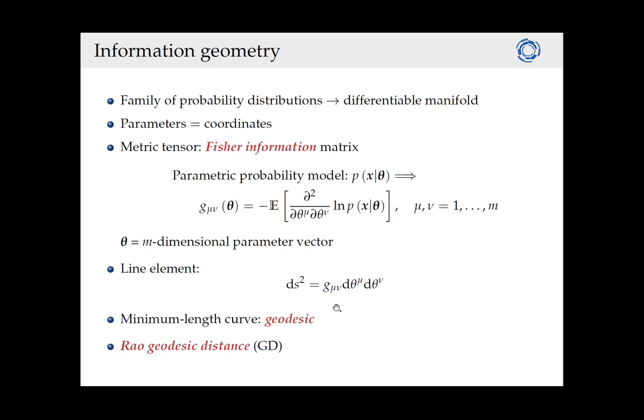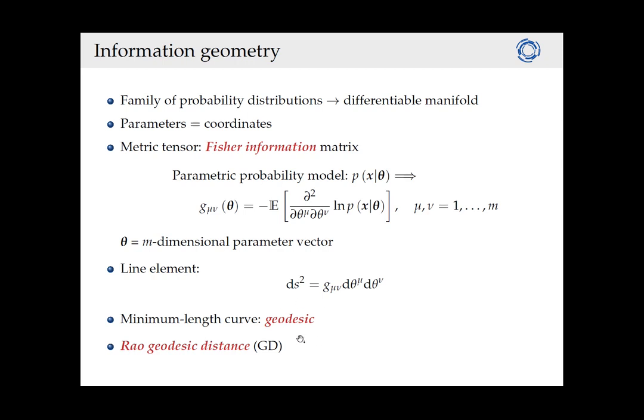So once you can do that, the whole machinery of Riemannian differential geometry becomes available and allows you to calculate from the metric tensor curves of minimum length between points on that manifold, and these are called geodesics.